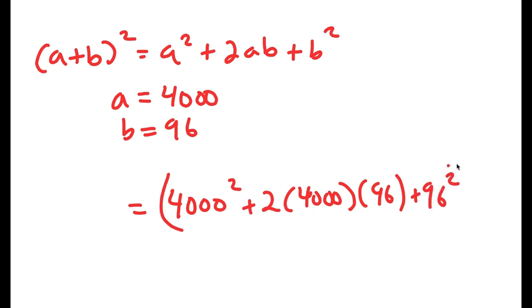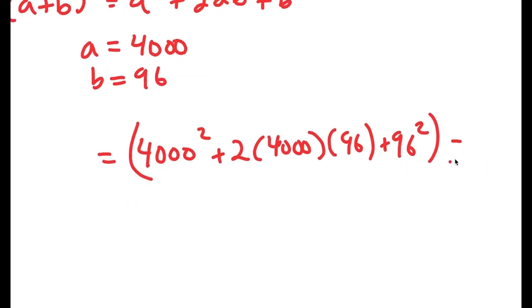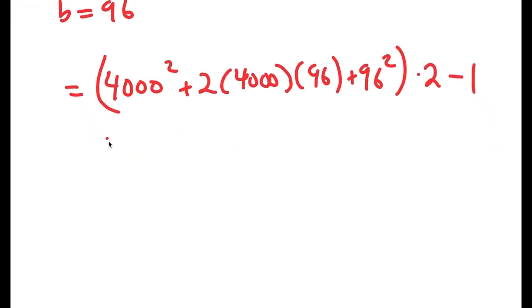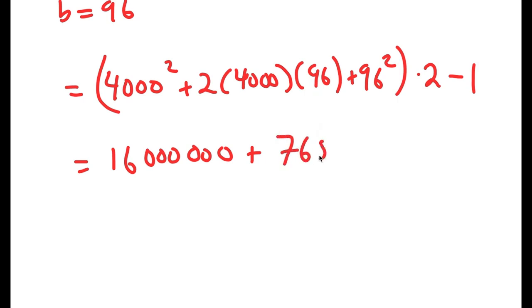And I have all of this times 2 minus 1. Now, 4000 squared is equal to 16 million. 2 times 4000 is 8000, and 8000 times 96 is equal to 768,000.